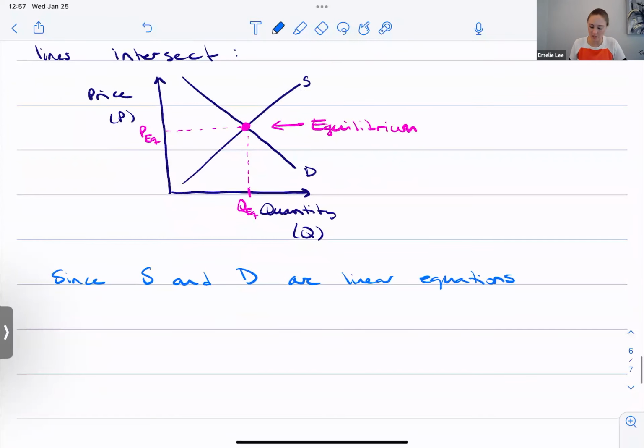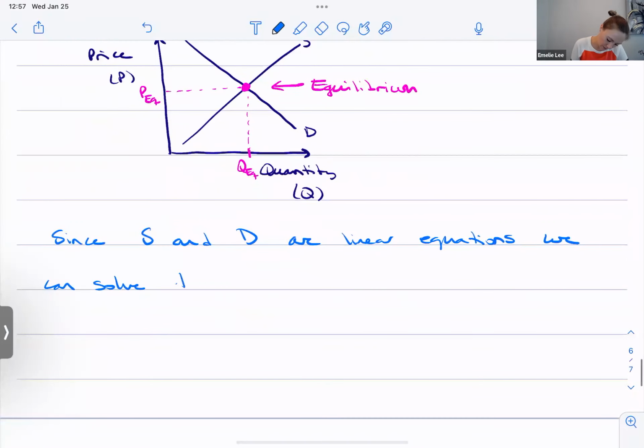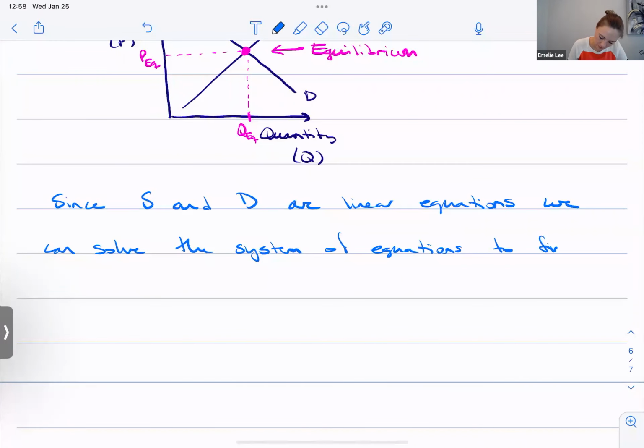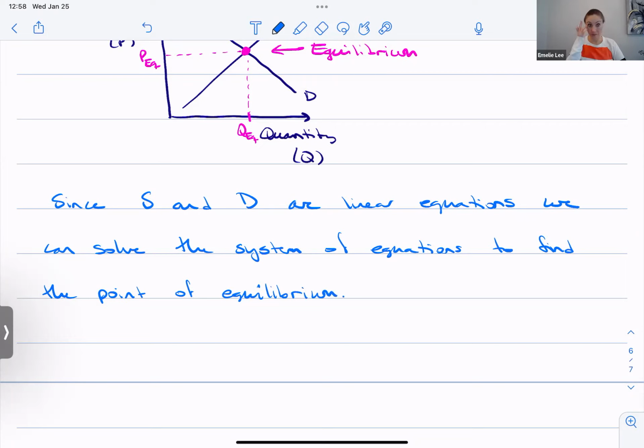We can solve the system of equations to find the point of equilibrium. Let's do an example.